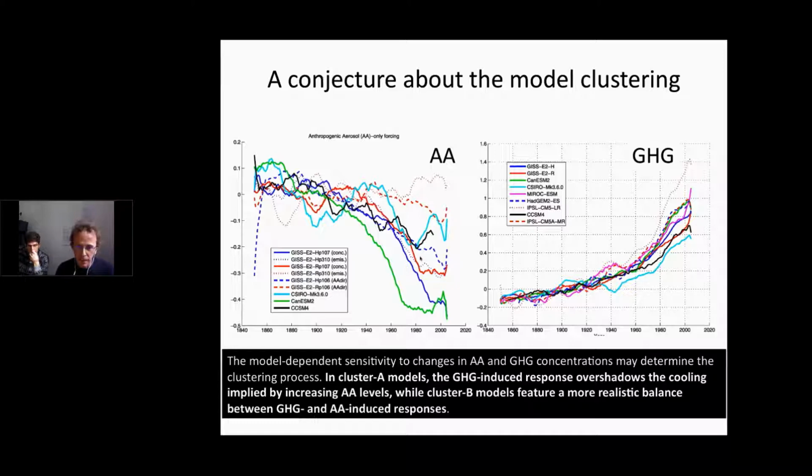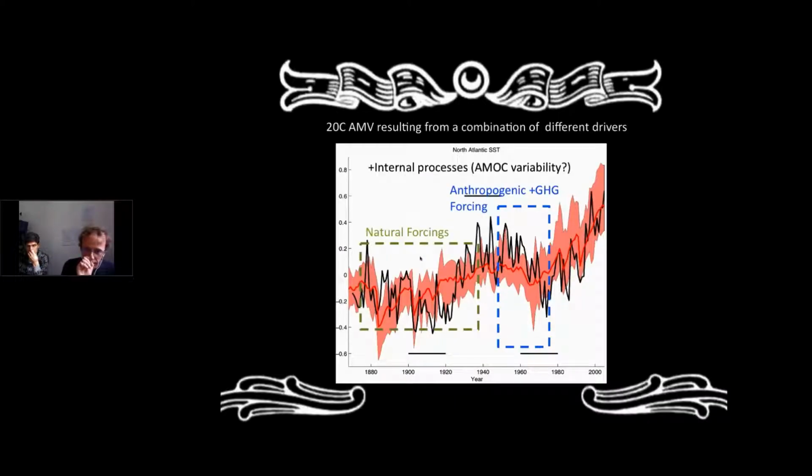So it's quite a complex pattern which is emerging here. Coming to the end of this talk, I'd like to show a synthesis of the AMV and the possible forcings that might act at different stages of the AMV.